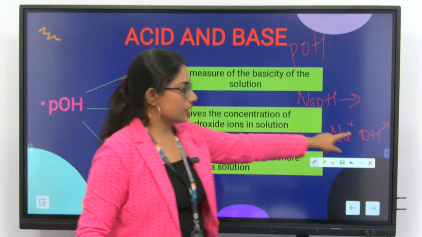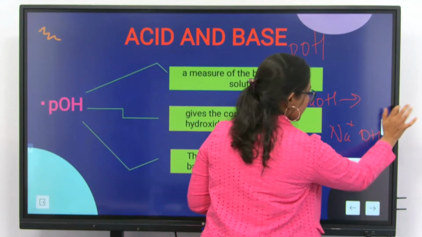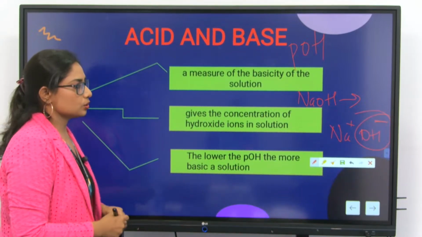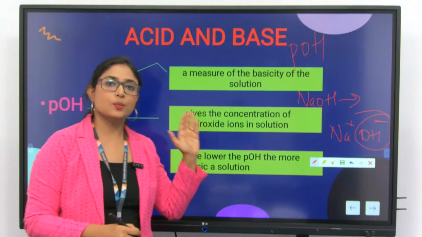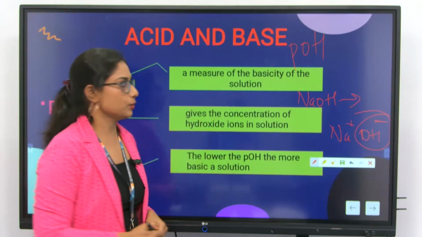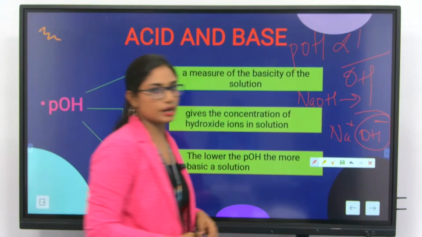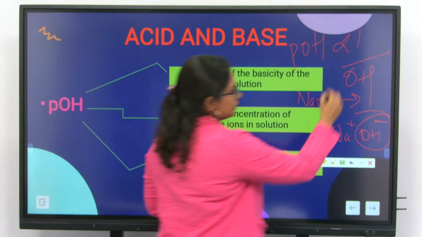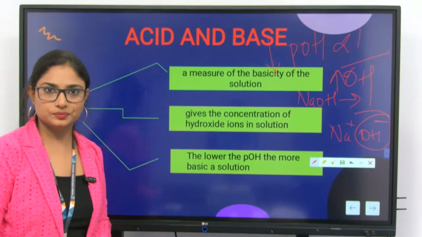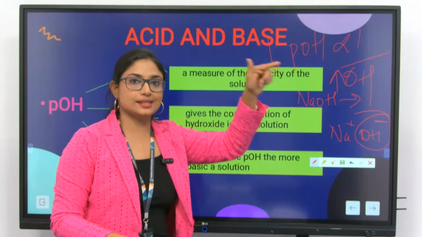Or I can say a compound is said to be a base if it liberates OH minus ions, or hydroxide ions, in a solution. So same like pH and H plus ion, more the hydroxide ion concentration, lesser will be the pOH value, because pOH is inversely proportional to the OH ions. Greater the OH, lesser the pOH value.